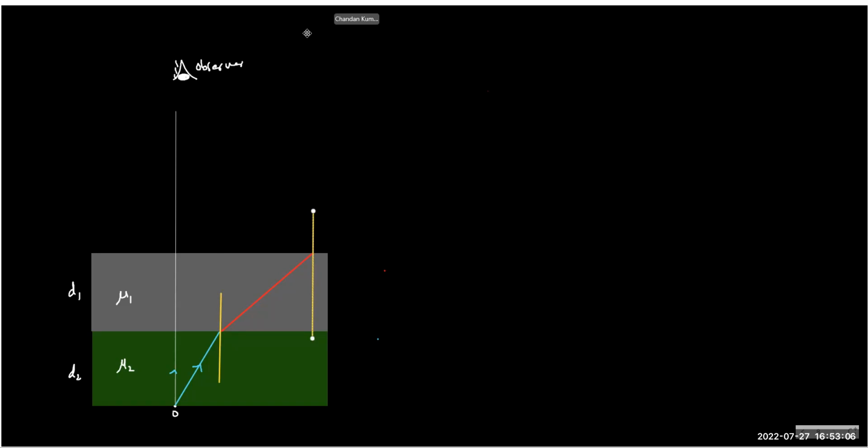And it will bend once more. So this is I1, R1, R1, R. That's fine. And you know what will be done next?